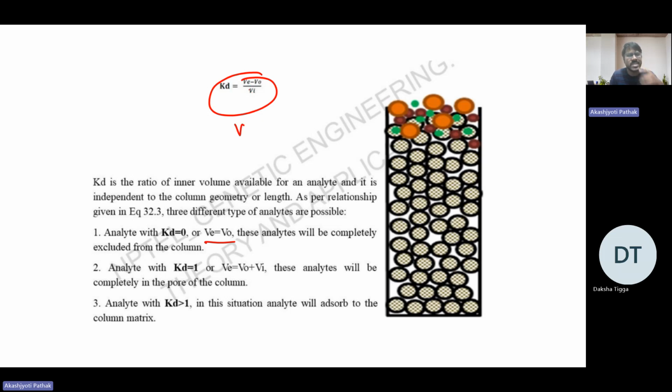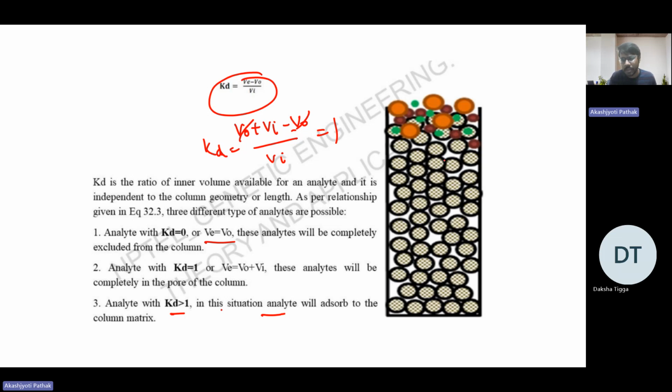If you substitute VE equals VO plus VI in the formula, the numerator VE minus VO becomes VI, and that is why your KD value becomes equal to 1. And if there are molecules having KD greater than 1, such analytes will adsorb to the column matrix.